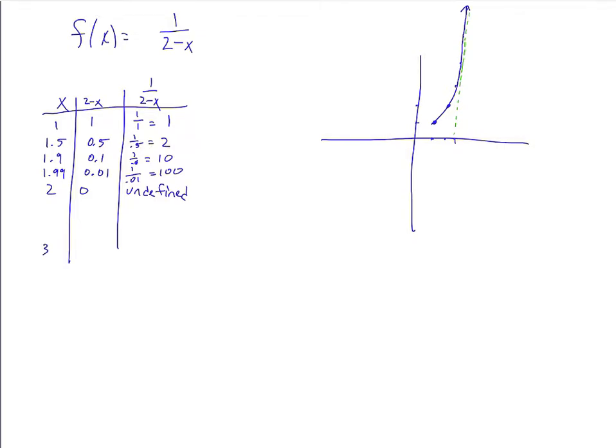When x is 3, the denominator is -1, and so the fraction is down here. And as we get closer and closer and closer to 2 on this side, 2.5, 2.1, 2.01, this denominator is going to get smaller and smaller and smaller, which means the negative answer is going to get bigger and bigger and bigger.